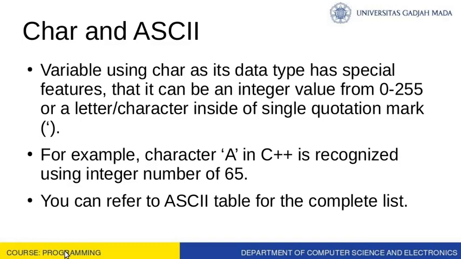Okay, we have already seen an example of this in the char data type. As I mentioned before, a character in the computer is actually stored as a number. So if you have A, the computer will recognize this A as 65, the integer number 65.